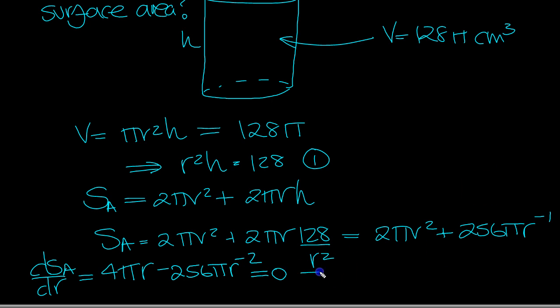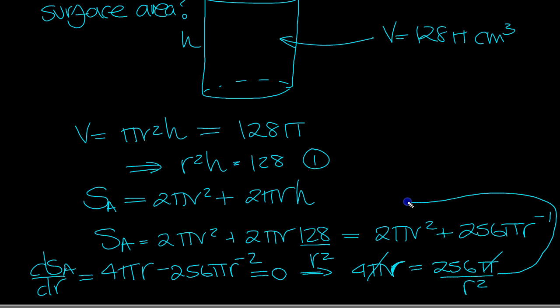And what do we get? Well, that tells us that 4 pi r, moving this over the other side, is equal to 256 pi over r squared. The pi's cancel. The r squared can come up together with the other r, and the 4 can come down.